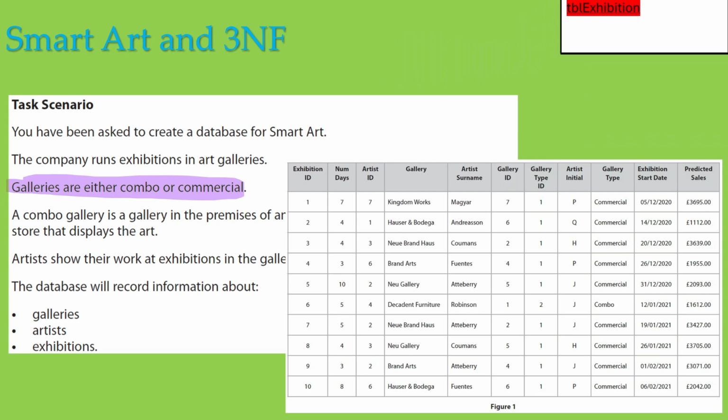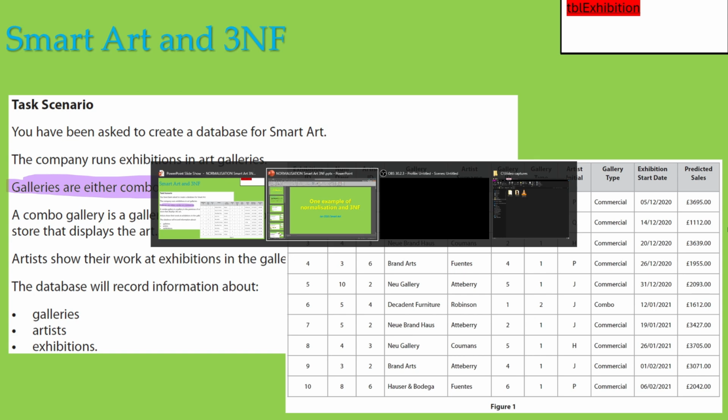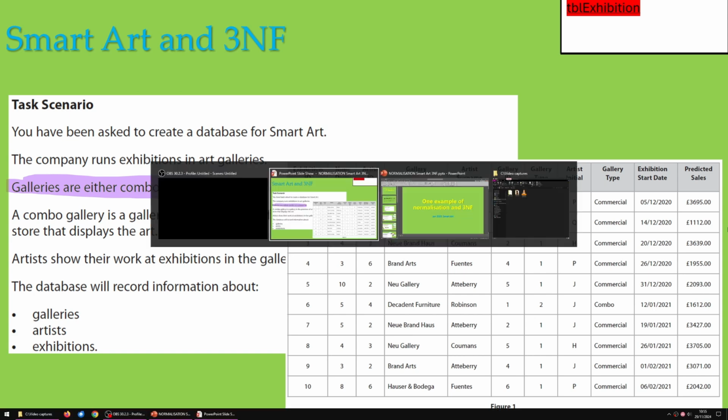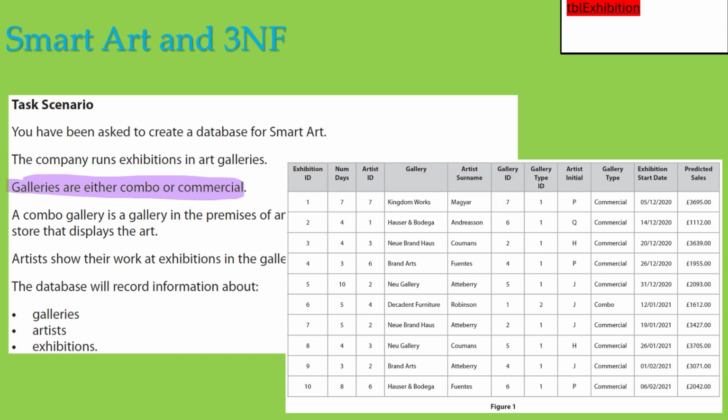And here we have the figure 1 flat file, and it adds something important. It adds that galleries are either commercial or combo. And therefore this means that there is clearly an extra table because we need to contain information.